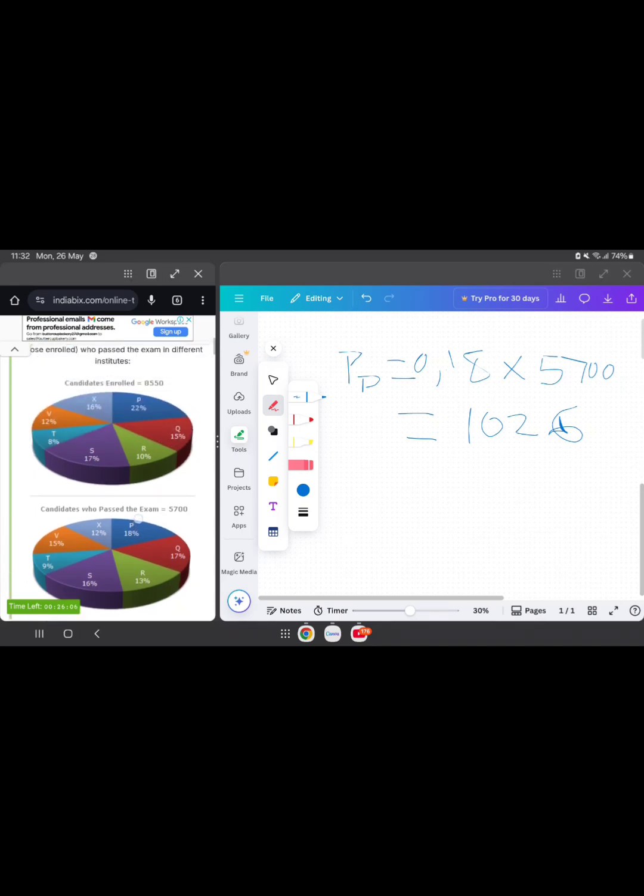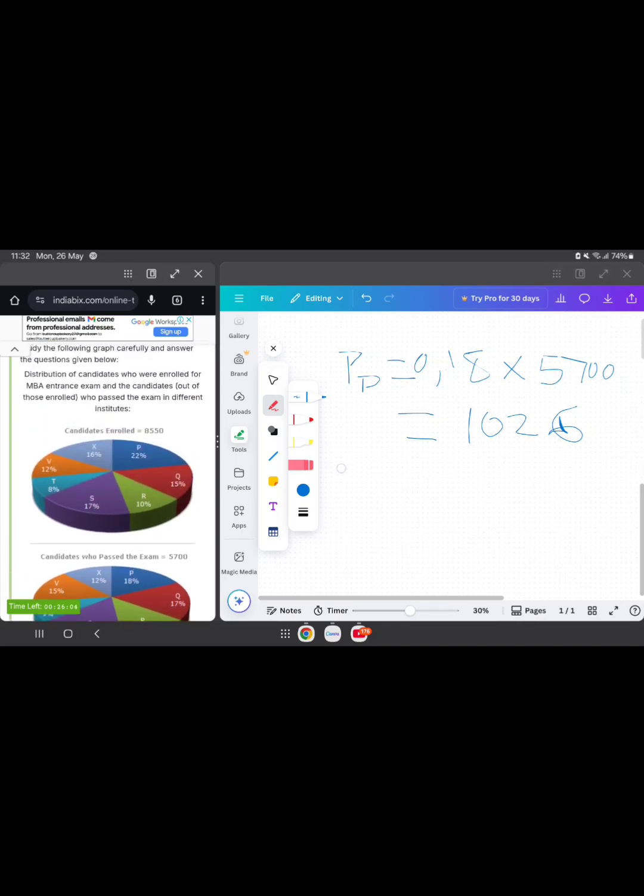Then for the ones who are enrolled, P enrolled is equal to 0.22, which is from the 22%, times 8,550, which gives us 1,881.